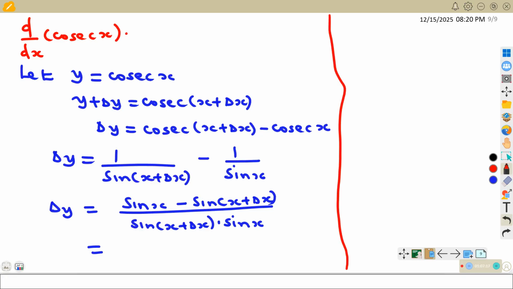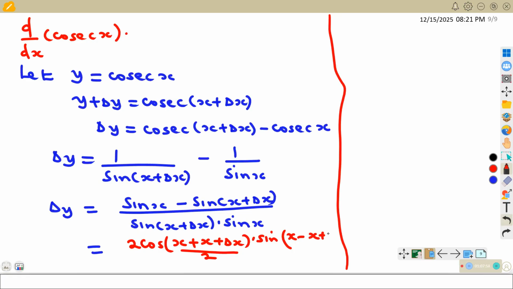Two cos, into bracket, x plus x plus delta x, divided by 2, times sine of x minus, x plus delta x.